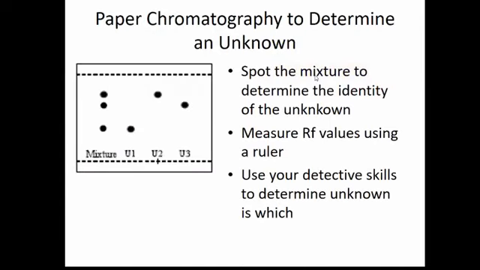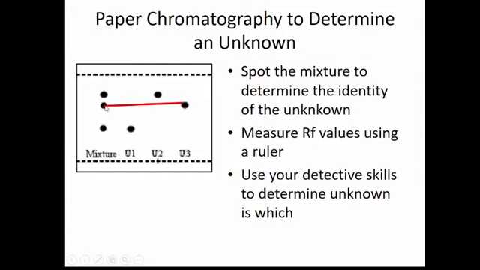All right, we're also going to talk about how to determine an unknown, right? We have a mixture here, and we have several unknowns. If we look at the mixture, we can look at the RF values and compare those to the unknowns to determine which is which, right? So here's the mixture of compounds. Obviously, this spot at the very top corresponds to this spot here at unknown 2.